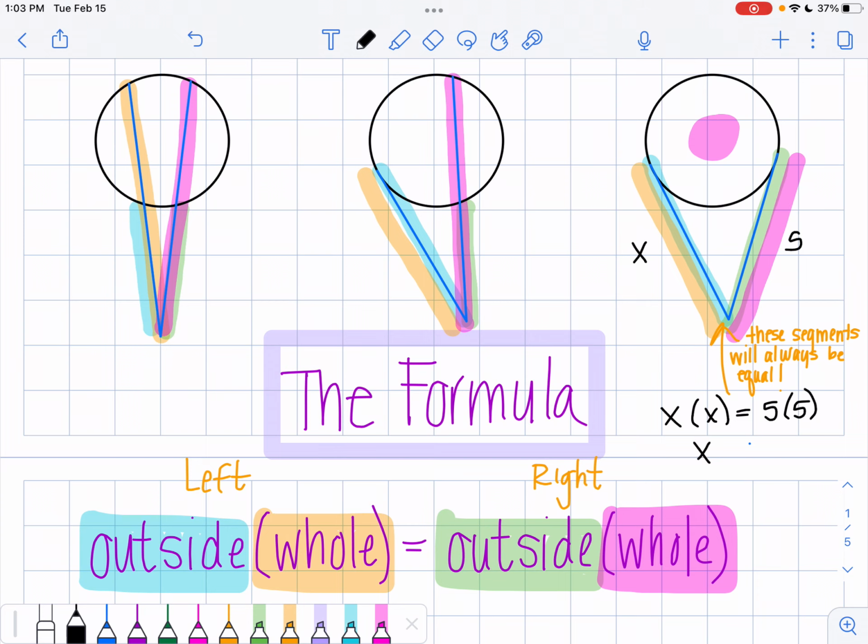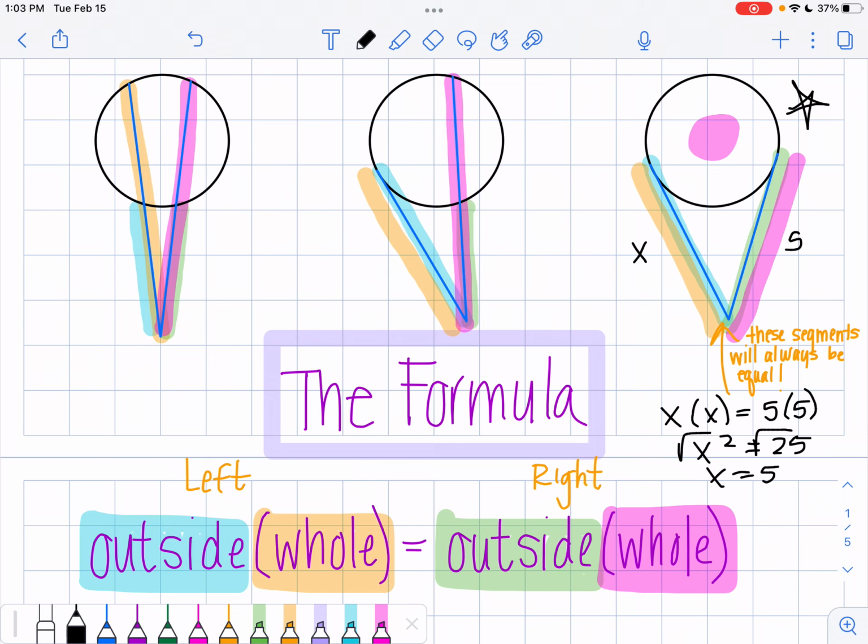So you would get x squared equals 25. And the square root of 25 is 5. So you're not going to do any of these kinds of problems because the line segments of the tangent lines are always going to be equal. But know that that is an option of how you can set up this type of scenario with chords and line segments and tangents.